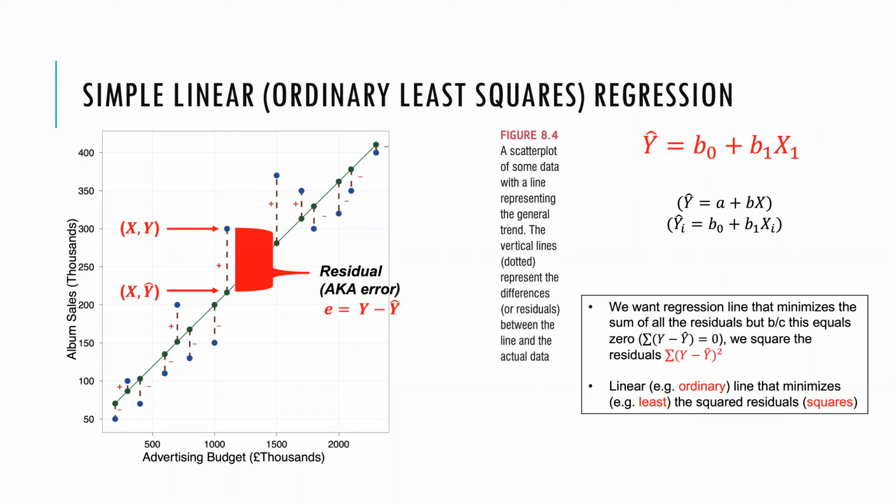The line here is one that minimizes, so least, the squared residuals, squared. This is why we call it ordinary least squares. It is a linear line that minimizes, least, the squared residuals, ordinary least squares. I will always refer to this as OLS regression.